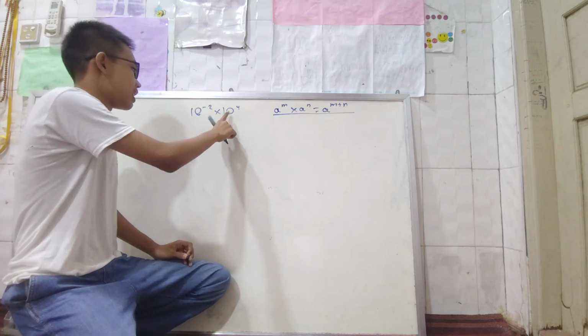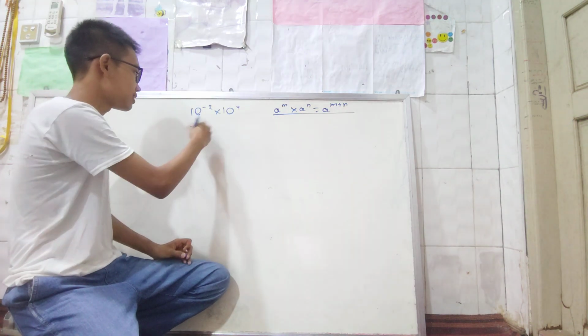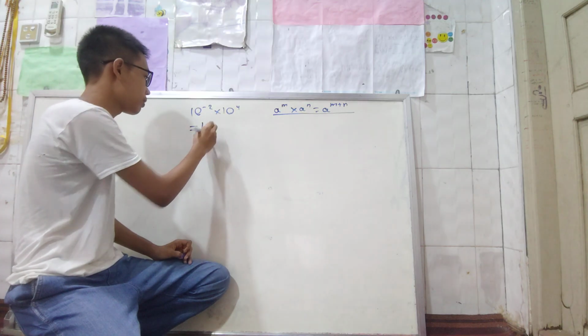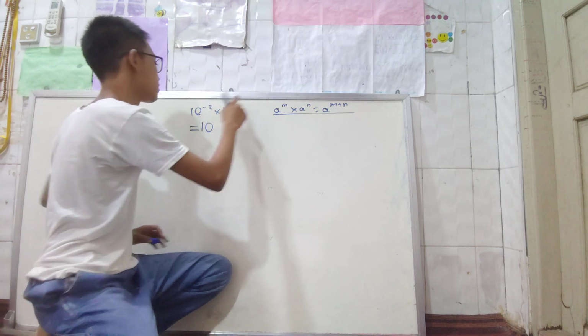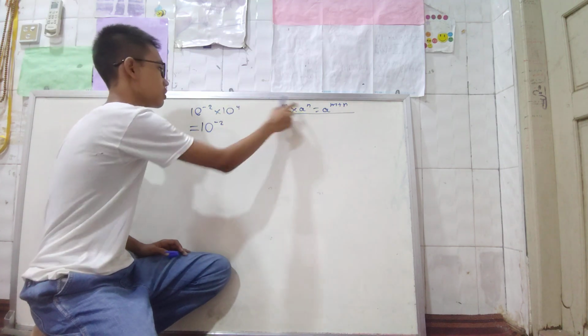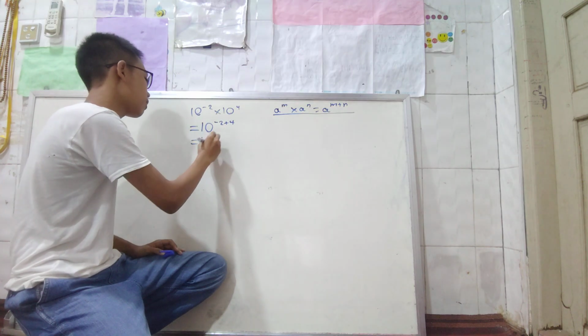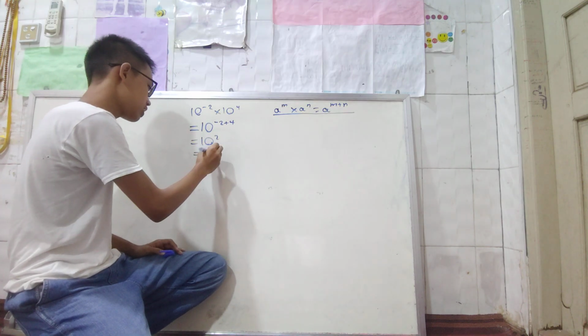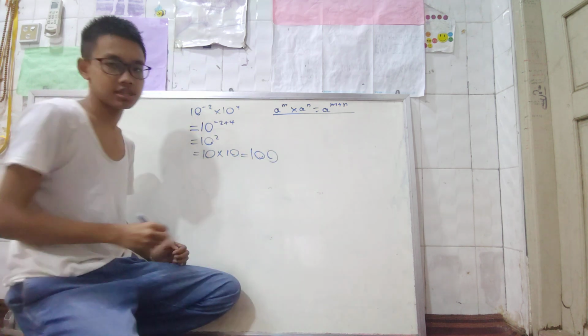We multiply, and the bases are the same, so the base stays the same, 10, with the powers added. m is negative 2 and n is 4. So negative 2 plus 4 is 2, and 10 to the power of 2 is 10 times 10, which is 100.